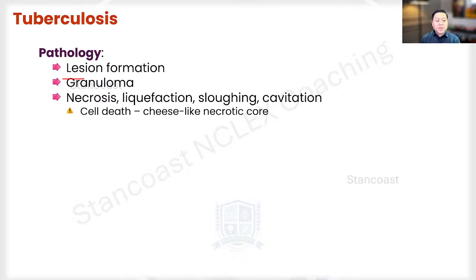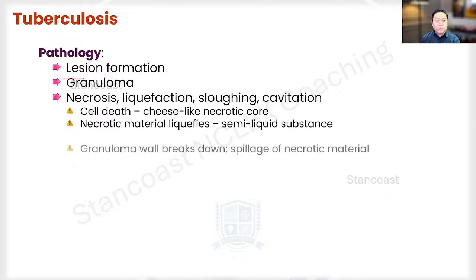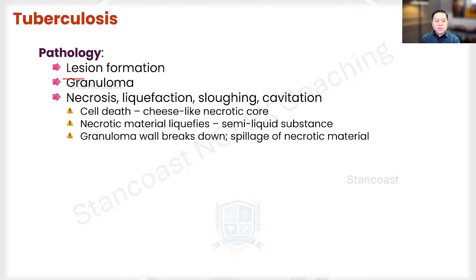Now, the liquefaction will also happen, wherein the caseous, cheese-like necrotic material will liquefy over time and turn into a semi-liquid substance. With that, the granuloma will start to break down, and there will be spillage of the necrotic material.